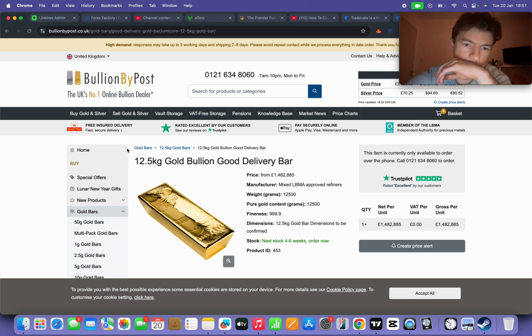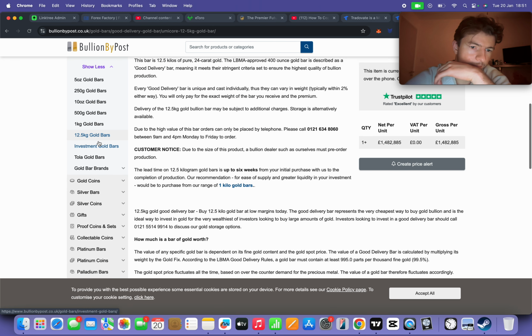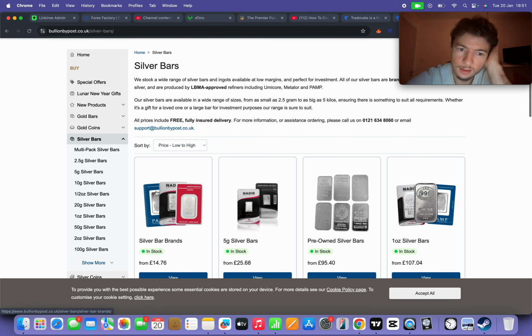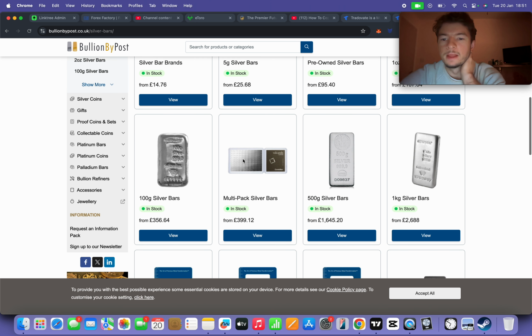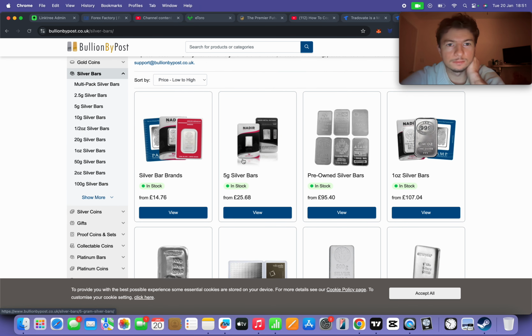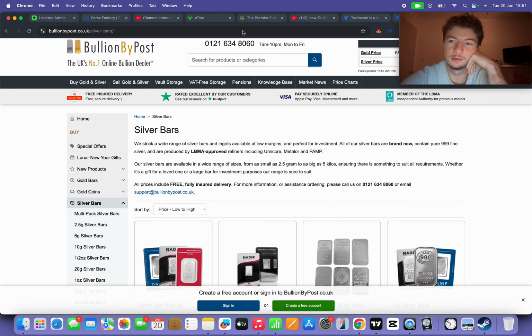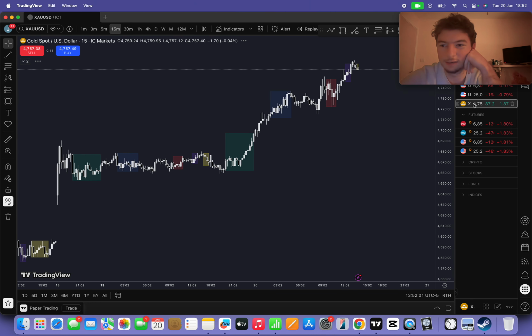Either way, I'll have to have another look at this, because you can get silver and all sorts of stuff. But it could be a potential hedge move in the portfolio, just so I do have something physical rather than all in my eToro, all in my TradingView. Granted, it won't be a big allocation, but it would just be nice to have something.